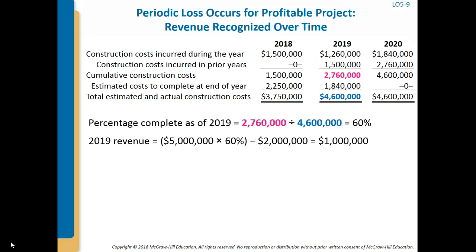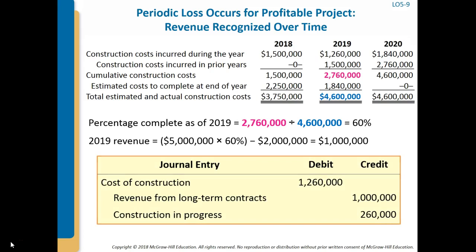When a project qualifies for revenue recognition over time, a loss sometimes must be recognized in at least one period along the way, even though the project as a whole is expected to be profitable. We determine the loss in precisely the same way we determine the profits in profitable years. So at the end of 2018, 40% of the project is complete.